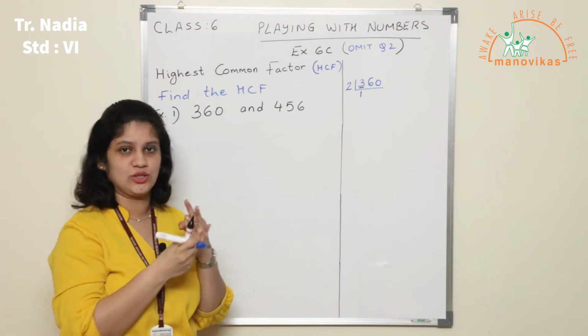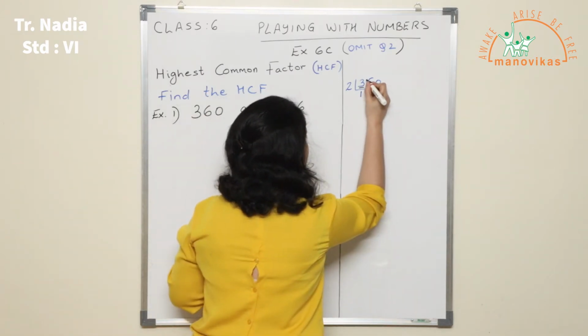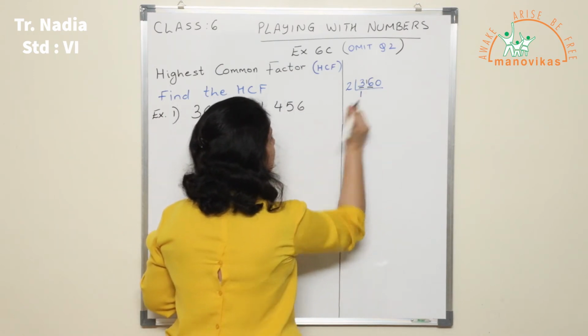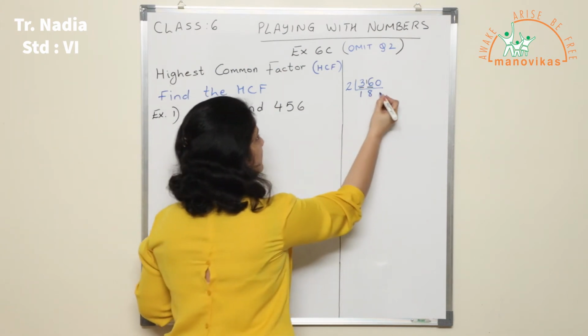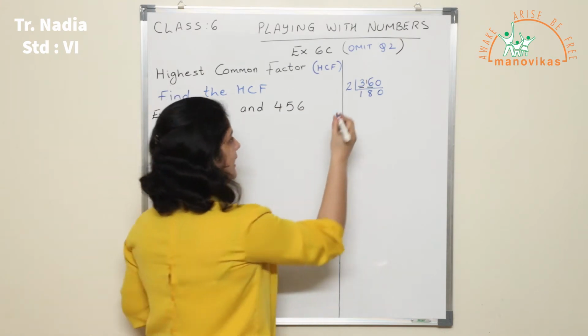But the number is 3, so the extra 1 will go to the neighboring digit and the neighboring digit will become 16. Now 2 8s are 16 and the 0 comes down. So 360 divided by 2 is 180.